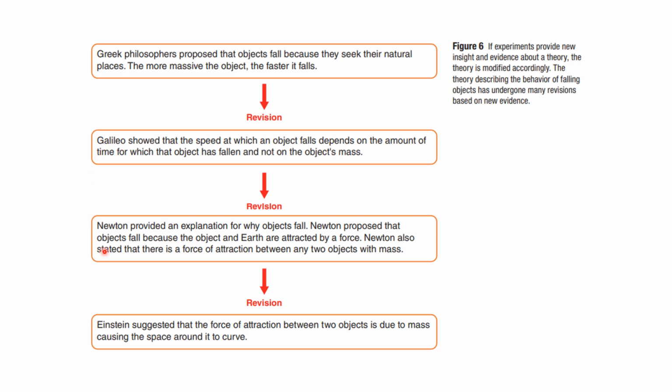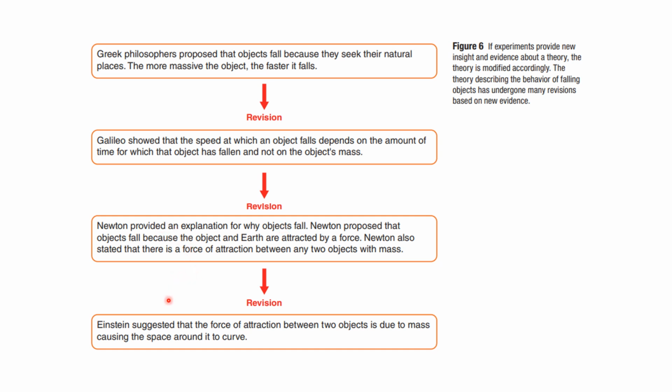Then we moved on to Newton, and if you remember Newton's second law, F equals ma, talking about acceleration as well, or free fall. So all these ideas have been described by Newton's laws.